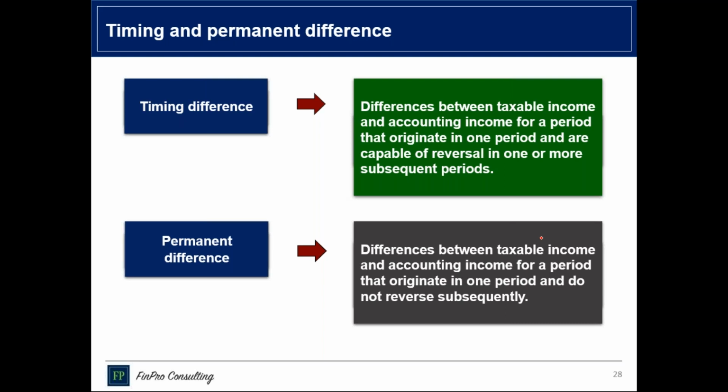For example, the most common scenario where the timing difference occurs is on account of depreciation. Under the Companies Act, under Indian GAAP, the companies could follow either the straight line method or the WDV method of depreciation, based on the useful lives mentioned in Schedule 2 of the Companies Act 2013.